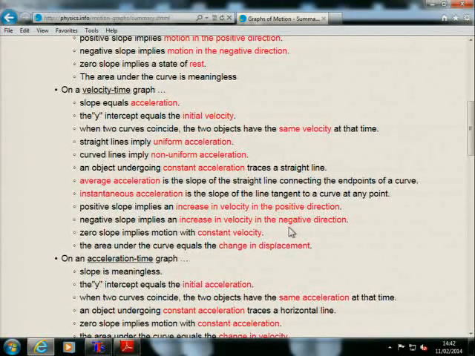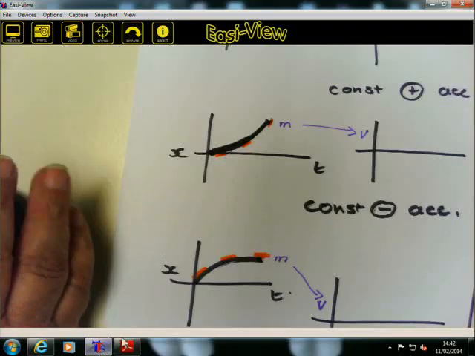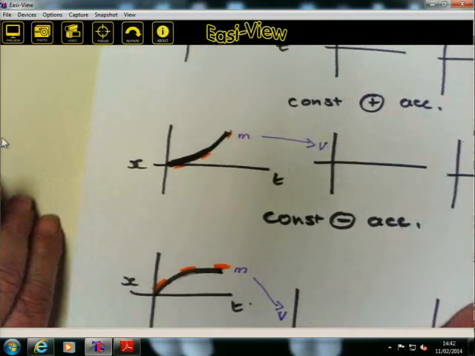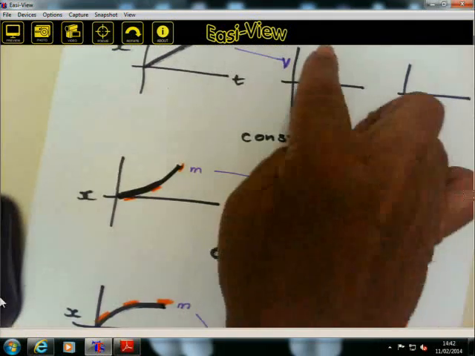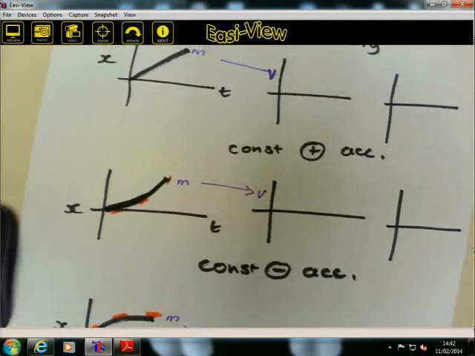And another thing we learn that is quite important is the area under the curve or under the graph will give me the change in displacement or the position. Let's have a look on our graphs now. Right. So now let's apply the knowledge we've just learned to our velocity time graphs.